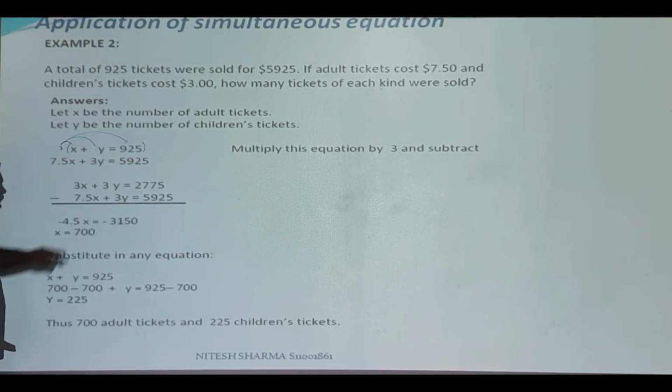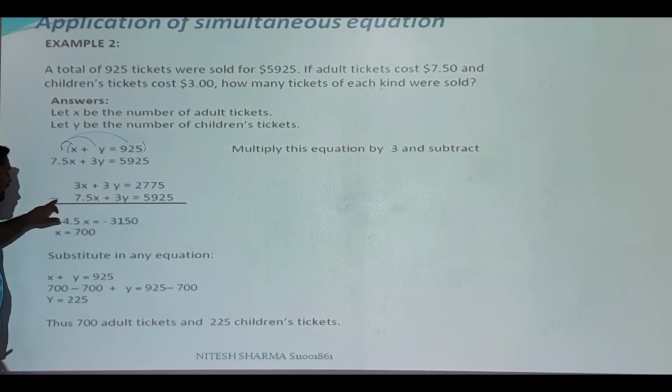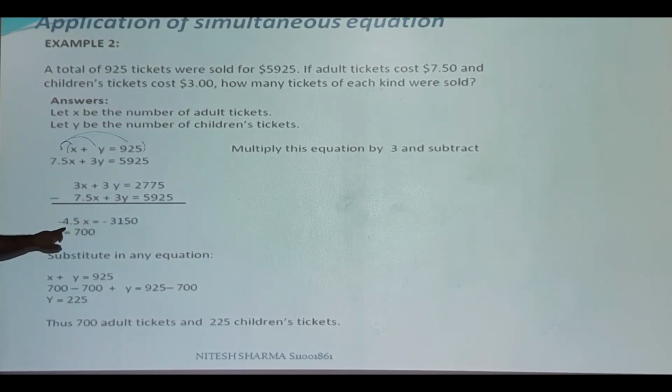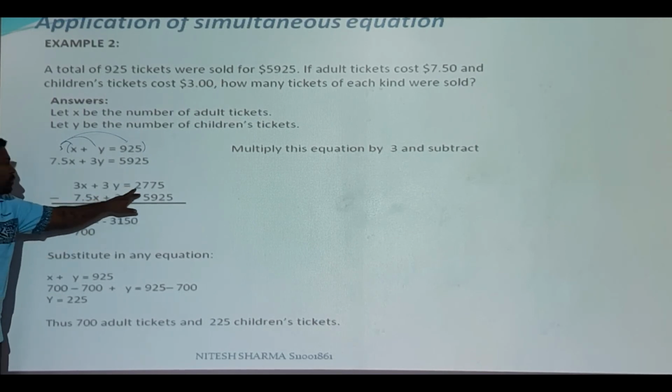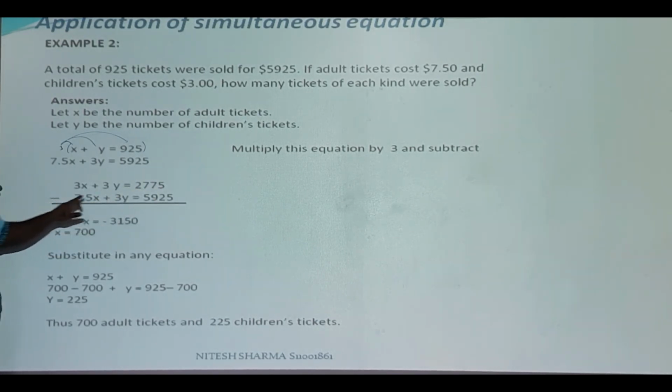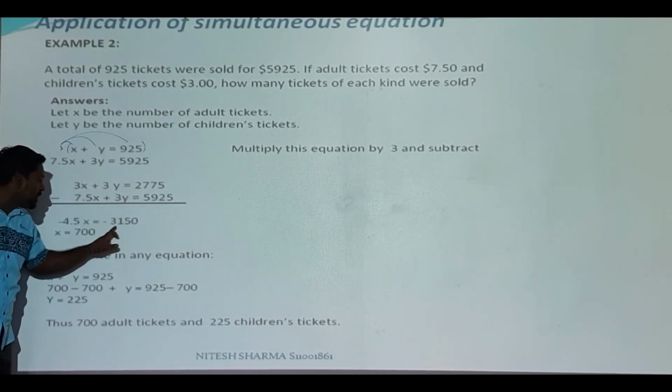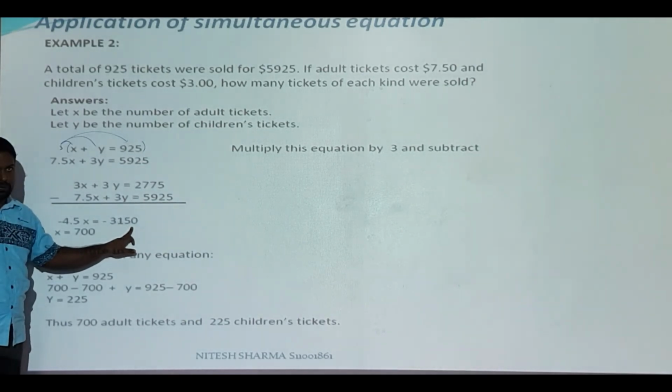Let's eliminate. We can eliminate by subtracting, so let's subtract both equations. 3x minus 7.5x gives negative 4.5x, which equals, now 3y minus 3y has already been eliminated, so 2775 minus 5925 gives me negative 3150.